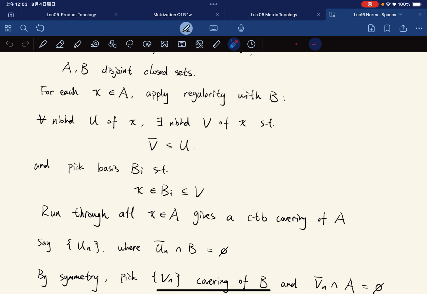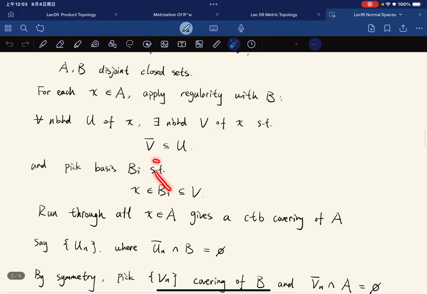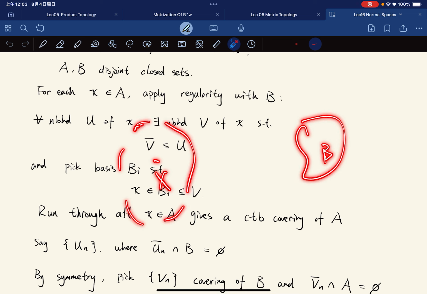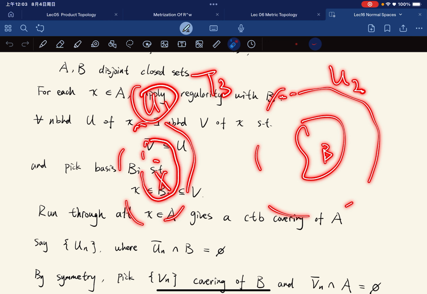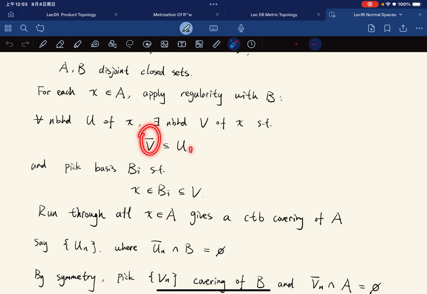What we mean here is that if we have x and then we have B, for U1, U2, we can separate them. This is by T3. And again, for this specific U1, we can find another V such that V bar is in our U1, because we have the arbitrary here.